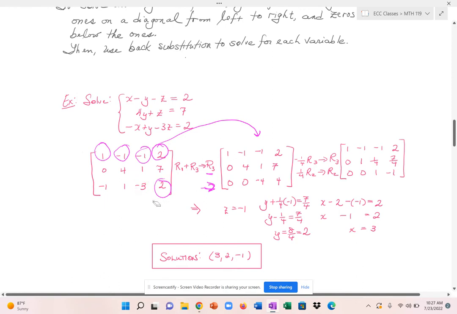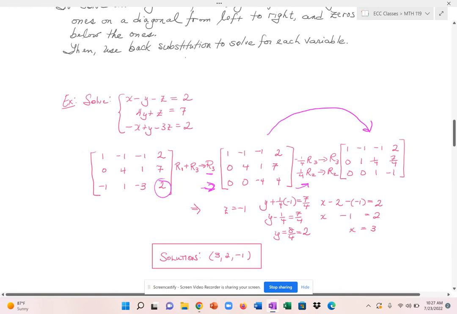Now the next thing I'm going to do is multiply row 3 by negative a fourth, and multiply row 2 by a fourth to get a new row 2 and a new row 3. That means copy row 1 over, it should look exactly the same, and just multiply the second and third rows by those coefficients.